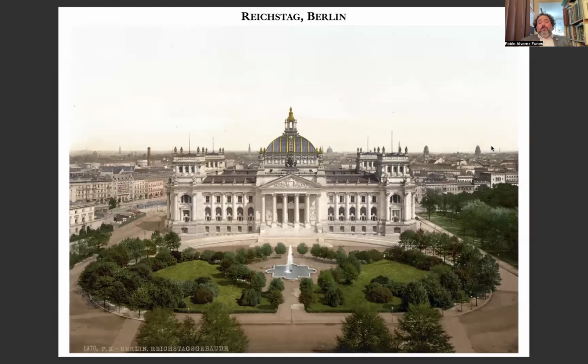And now we're moving to more parliament buildings. This is the famous Reichstag in Berlin before the interventions of Norman Foster, before it was burned in the 1930s. And you can very clearly see how all the elements are working to engage with each other. Now we have towers which flank the side.